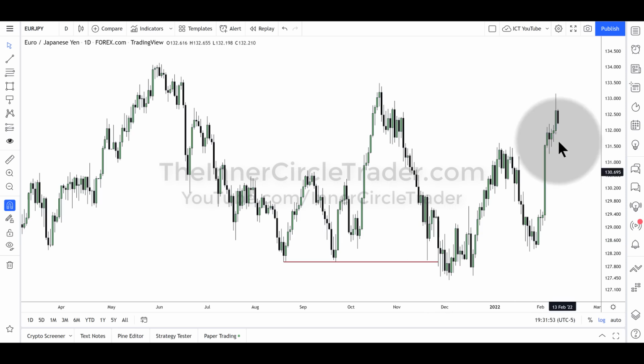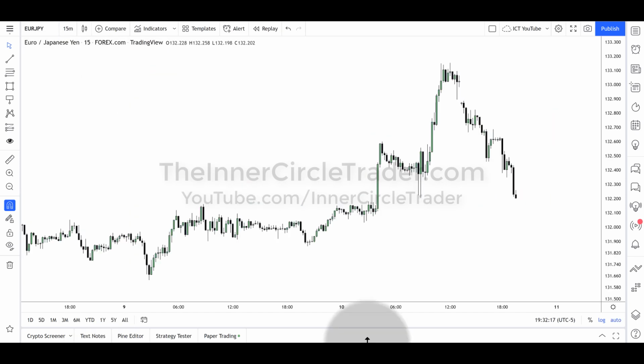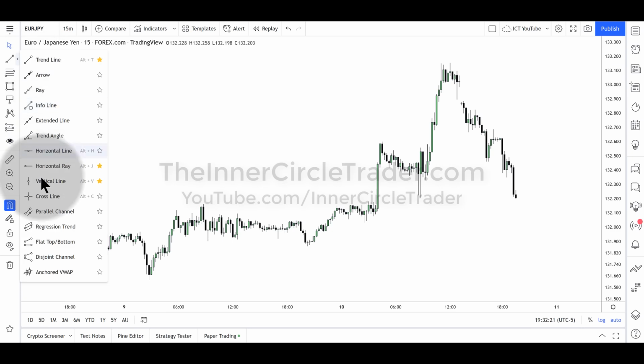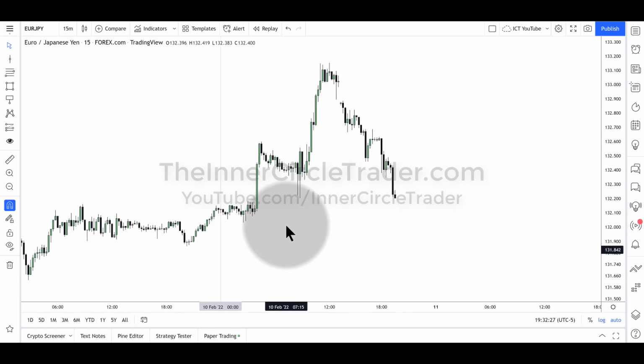But I want to go into this very day right there, the 10th. So we're going to drop down into a 15-minute time frame. Here's the 15-minute time frame, and we're going to mark up our chart. Midnight New York time.